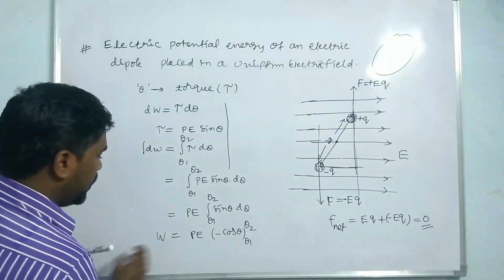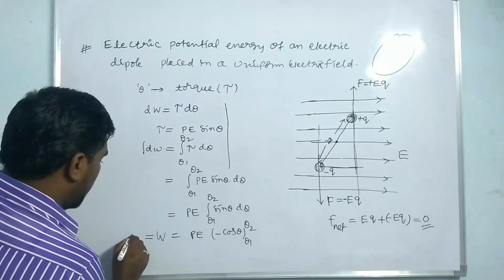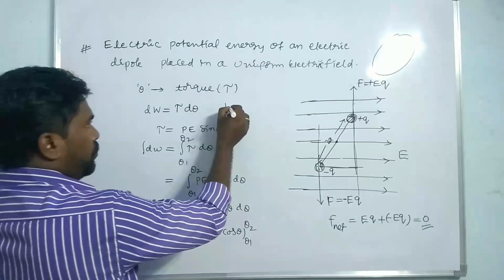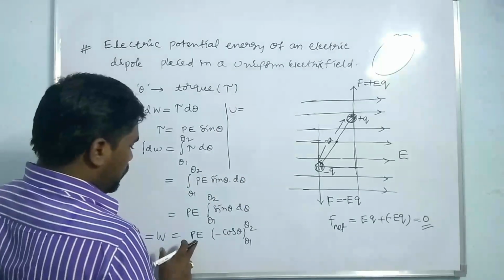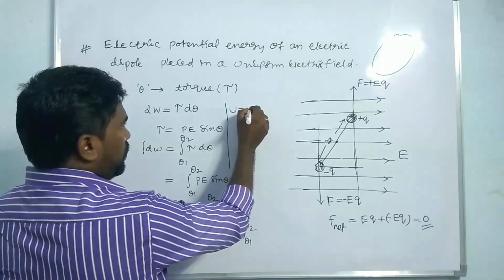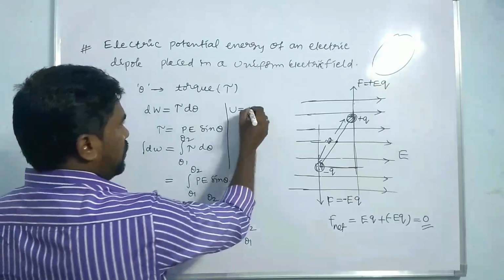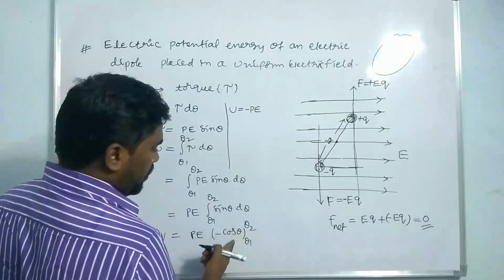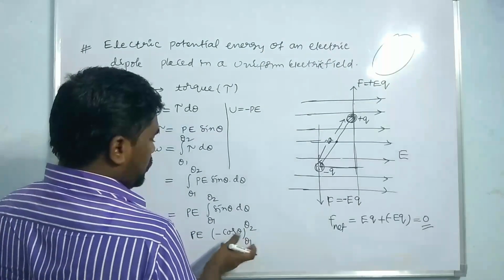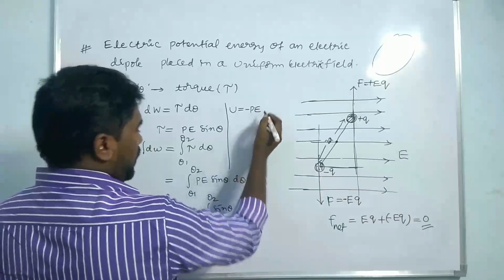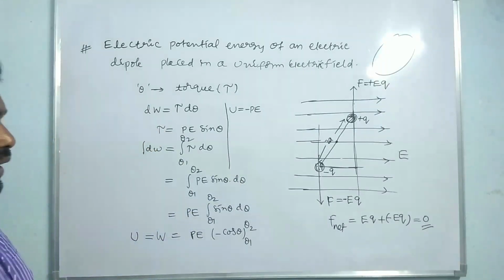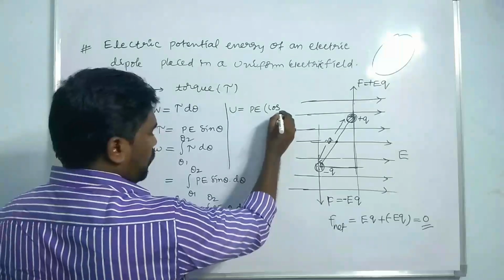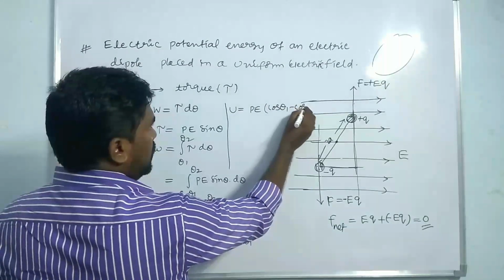This work done is stored in the form of electric potential energy, as we already derived. Therefore U is equal to minus PE into the upper limit minus the lower limit. If we swap the lower and upper limits, the minus is cancelled, giving cos theta 1 minus cos theta 2.